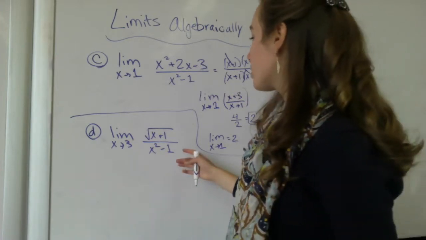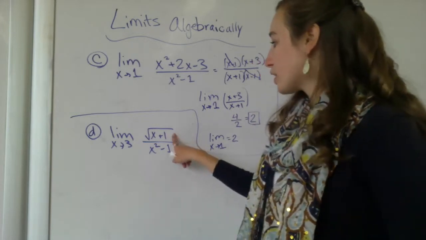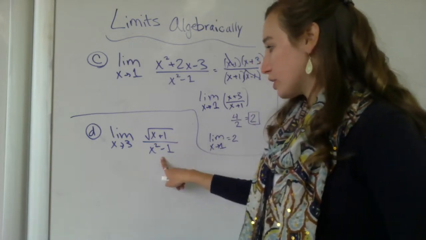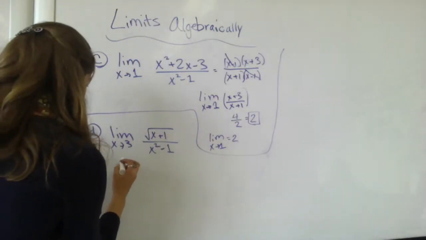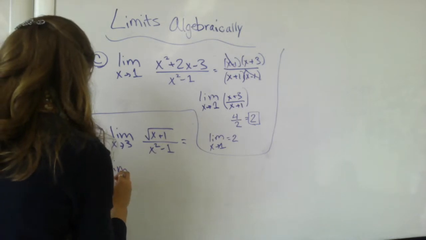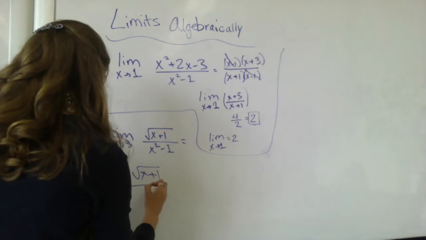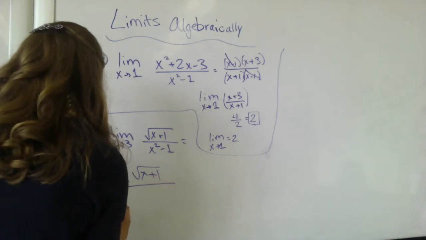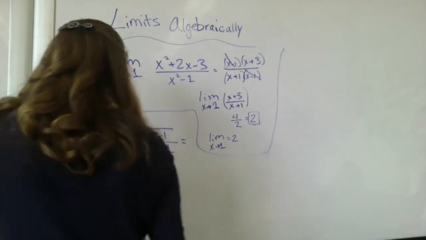Now, our second one, we're going to deal with a different property. The limit as x approaches 3 of the square root of x plus 1 over x squared minus 1. So what this basically means is you're going to have the limit as x approaches 3 of the square root of x plus 1 over the limit as x approaches 3 of x squared plus 1.